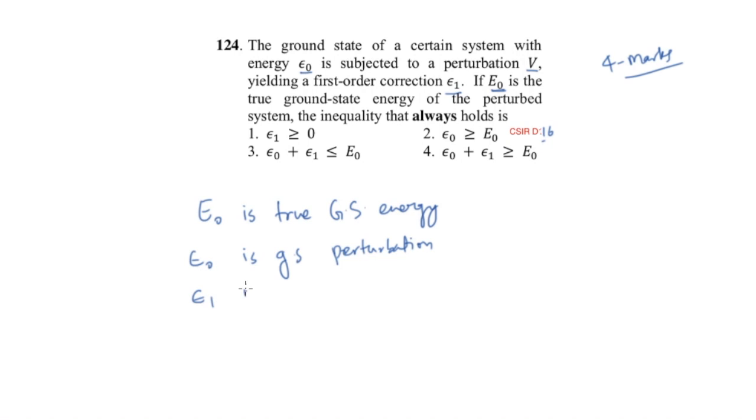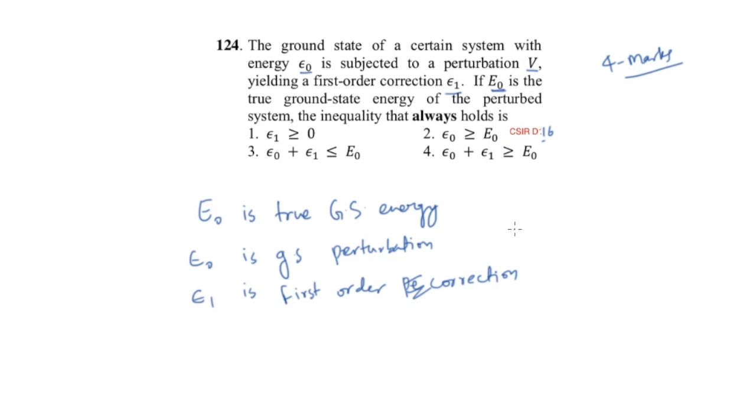And epsilon 1 is the first order correction. So what does this mean? Which inequality will hold? I have already told you about the perturbed part.